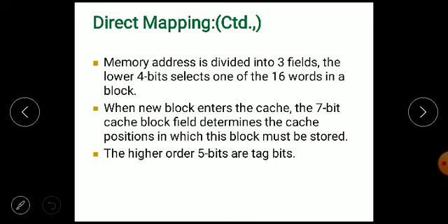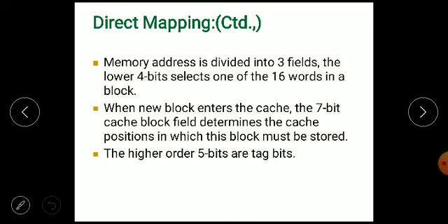The lower 4 bits select one word from the block. Suppose you are moving a word from block 0, block 0 contains 16 words, so it selects one word from those 16 words. So the lower 4 bits in the address represent the word from the block, right?